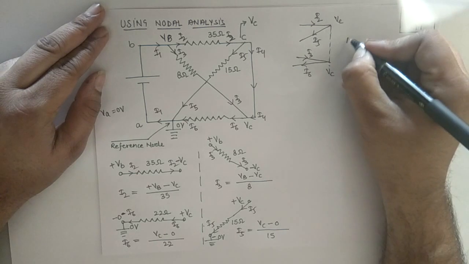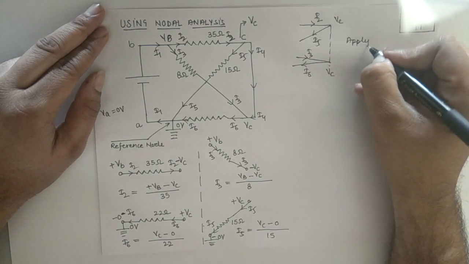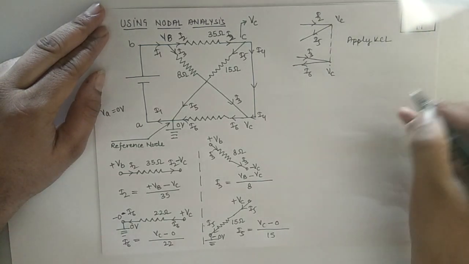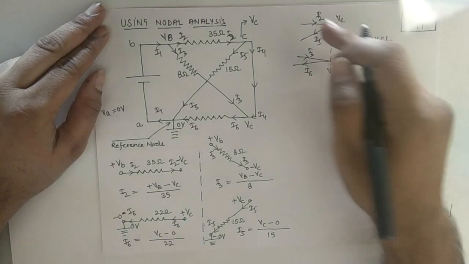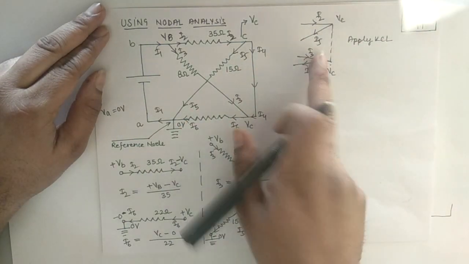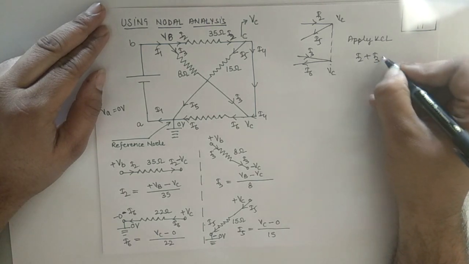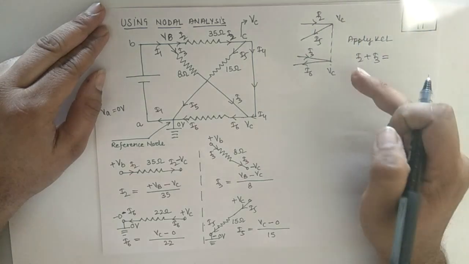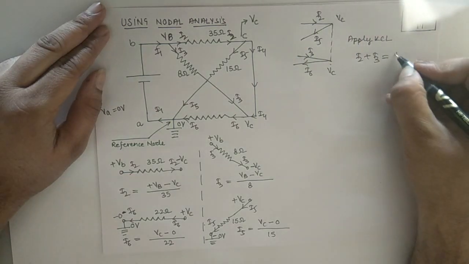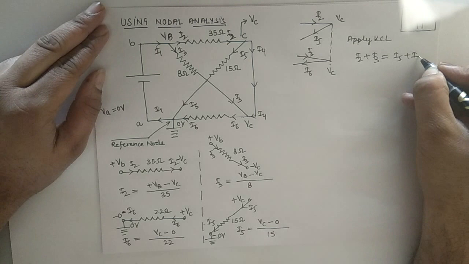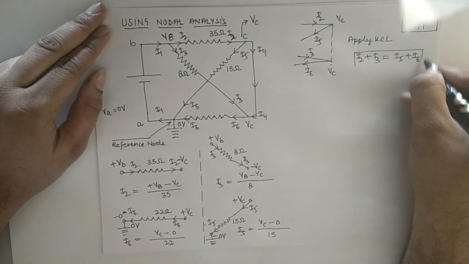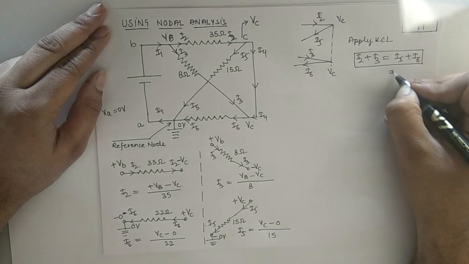So apply KCL, meaning all incoming current is equal to outgoing current at that node. Incoming is I2 and I3, so I2 plus I3 is equal to outgoing I5 plus I6 at node C.